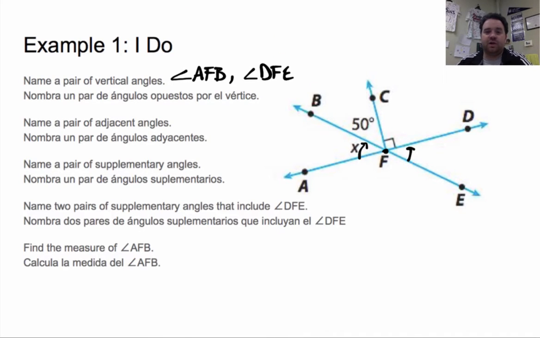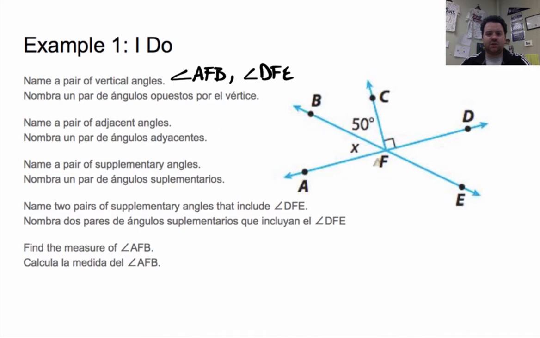The other pair of vertical angles I could have gone with here would have been from B to F to D, this angle here, ignoring this one in the middle, and angle AFE, ignoring this one here, because these are across from each other as well. So those are our vertical angles. So make sure that you have your diagram written and say vertical angles and then show this pair, okay?